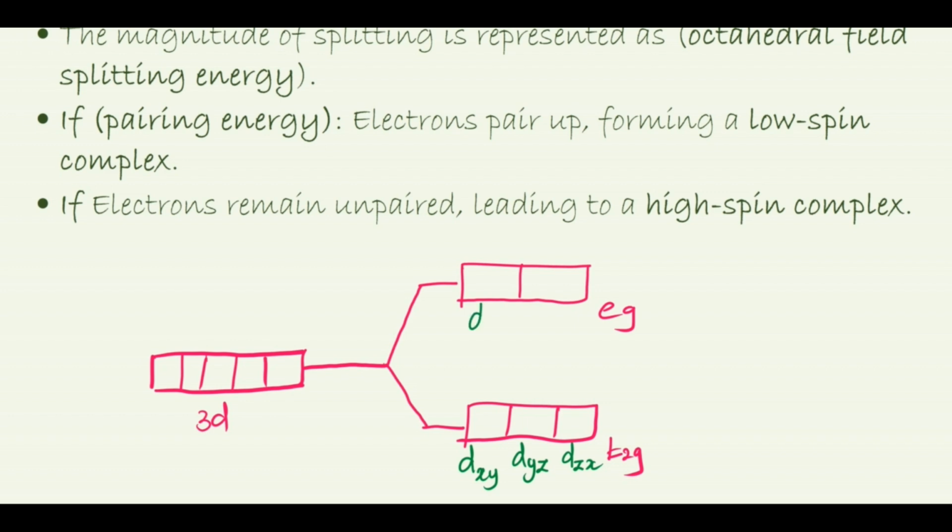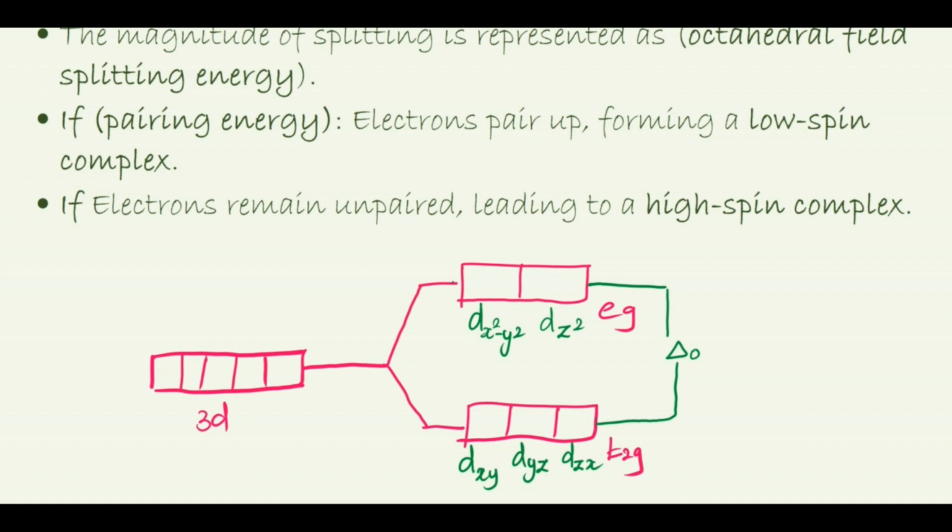And for Eg, dx square minus y square and dz square are there. So the distance between these two energy levels, we are taking that as the overall splitting, that becomes delta O, that is delta octahedral, or 10 Dq. Mostly we'll stick with octahedral only.